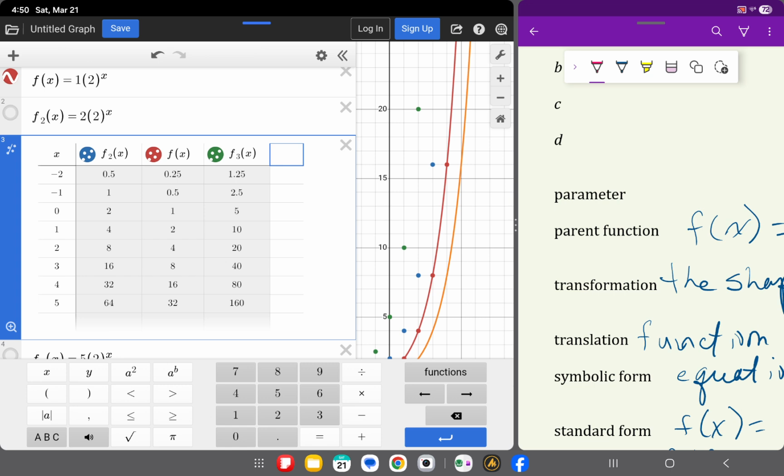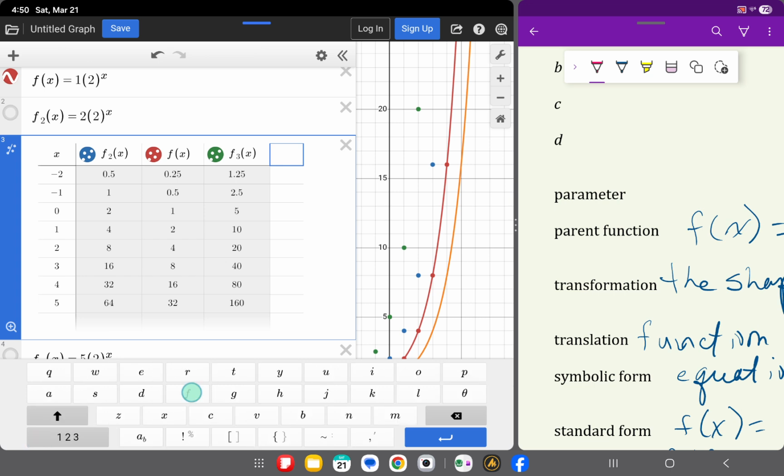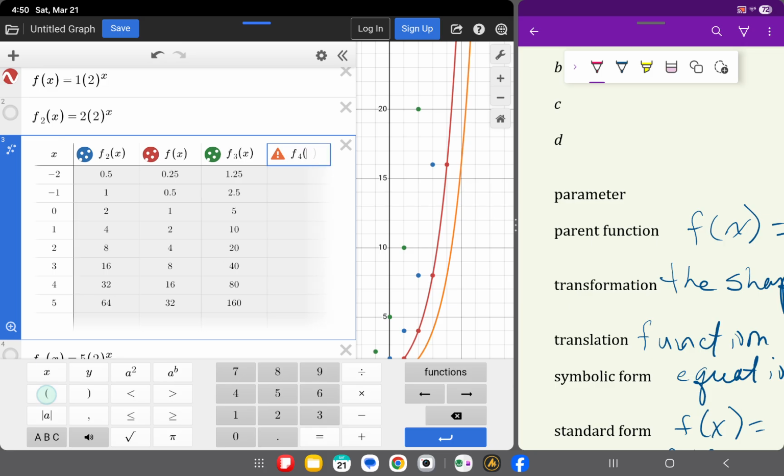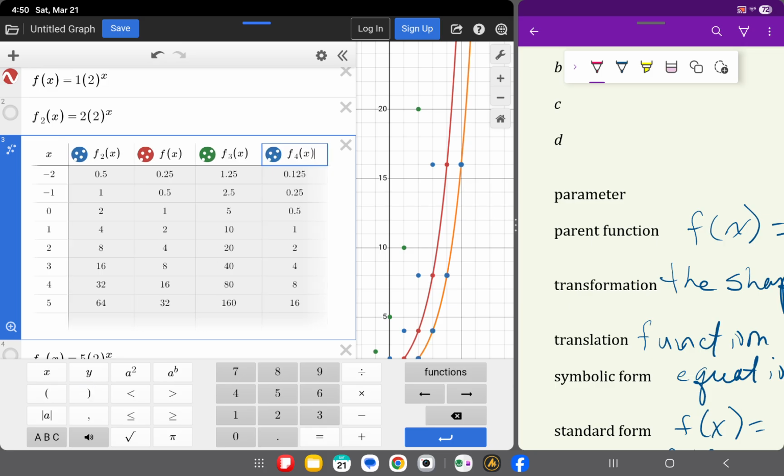If I put in f4(x), I can see at 1, we started out with 2, and now it's 1, it's half. At 4 and 2, it's half. We had 8, and it's coming out half as fast. It's growing half as fast as our first function.